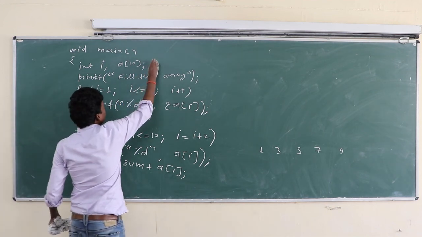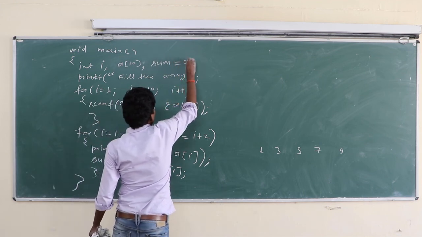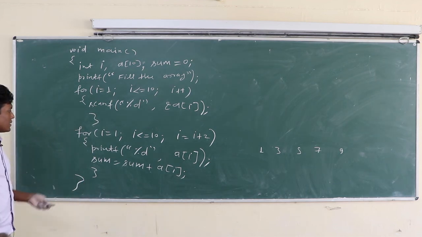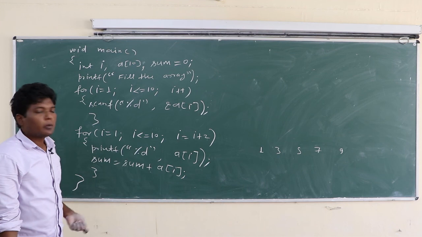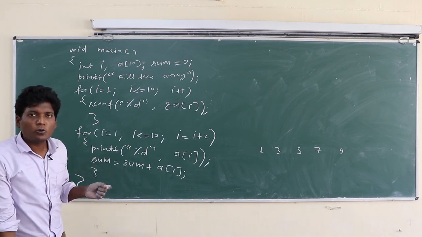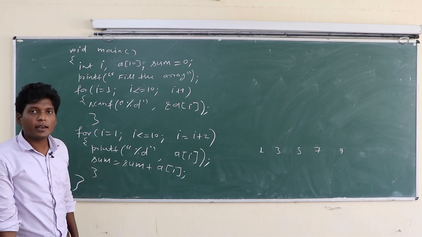You declare sum here. Sum takes the result of all odd position elements of an array. So class, this is the program for the problem, write a program in C to calculate the sum of odd position elements of an array.